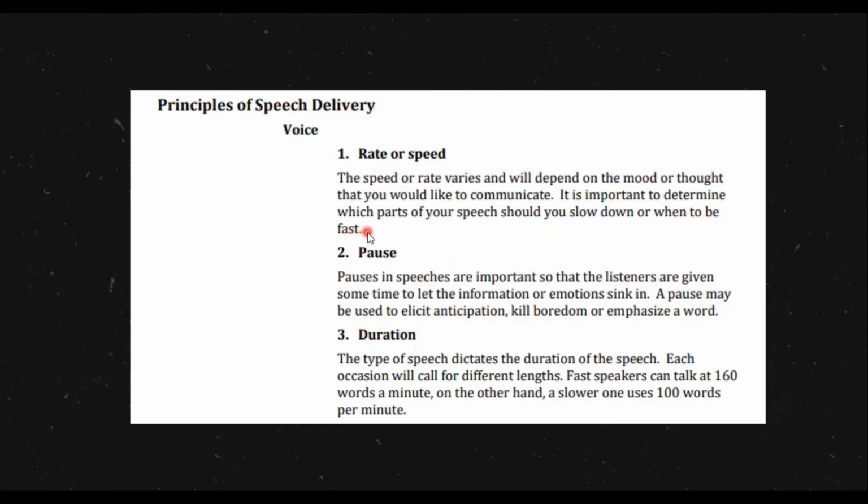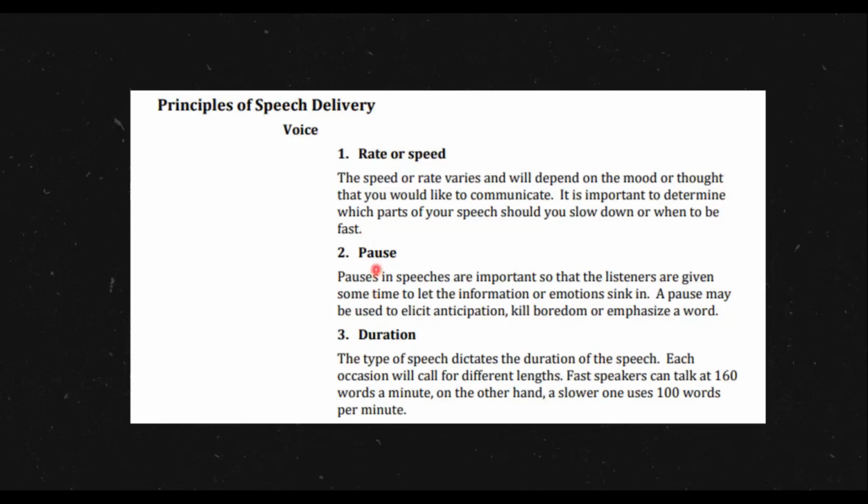So of course, when you're delivering a speech, you have to slow down at parts of your speech where you think it is really important or where you think you should give more emphasis. Okay, so in delivering a speech, it doesn't have to be fast. It must be like normal, in a way where your audience can understand you.